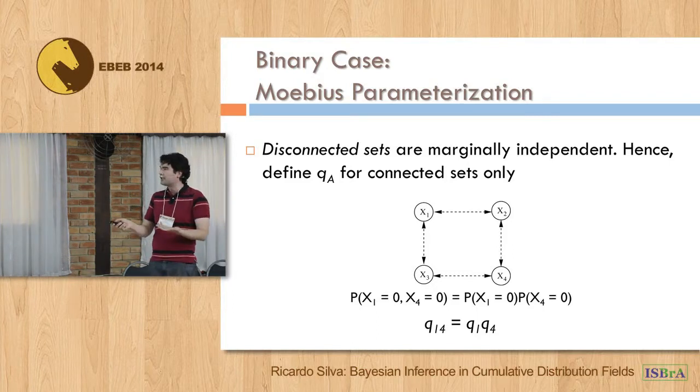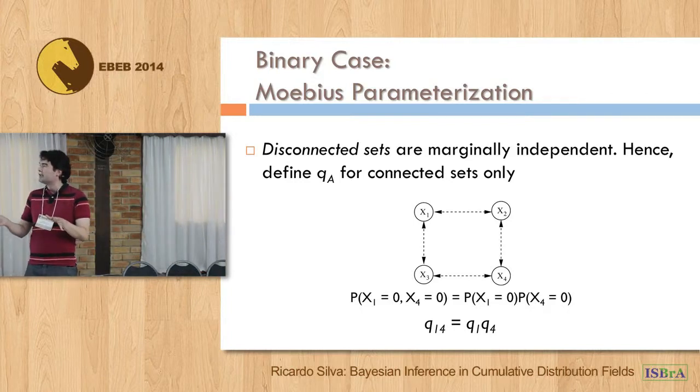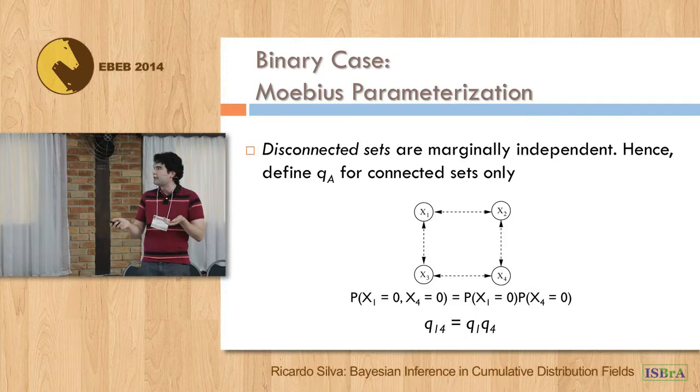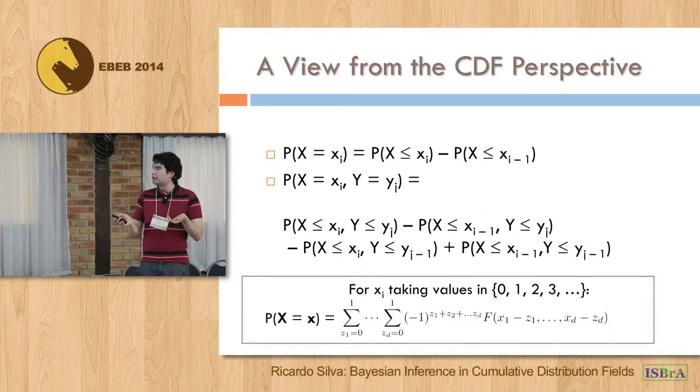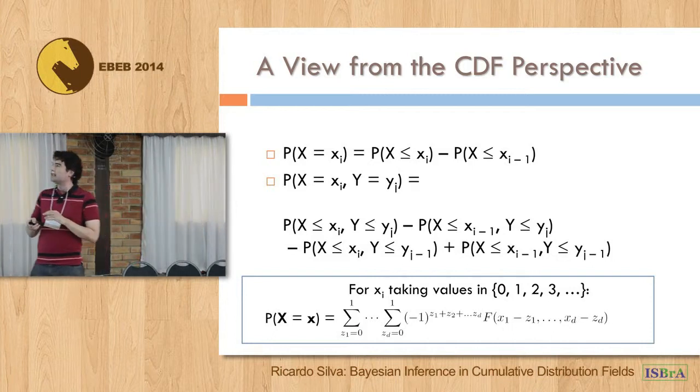There are approaches that try to parameterize these discrete families, but without getting into much detail, they require an exponential number of parameters. So there are ways of representing these independencies in any family by just taking into account factorizations in the CDF.